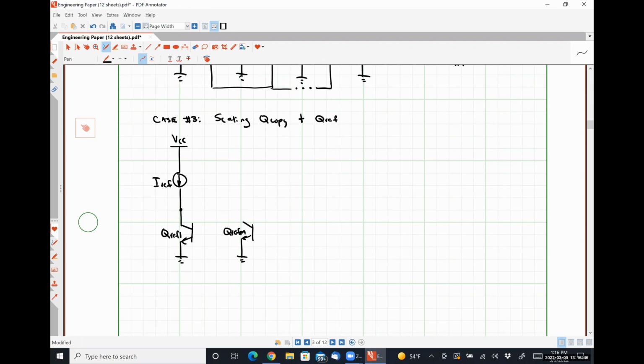Here's Q ref M. Then over on this side, here's Q1, here's QN.